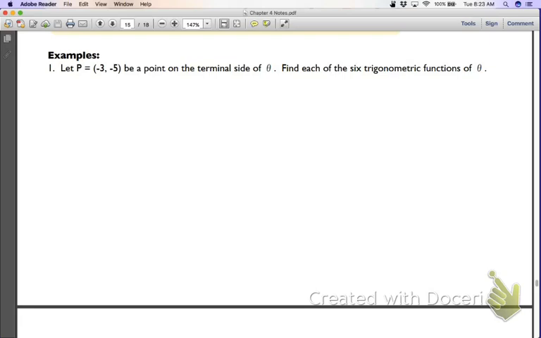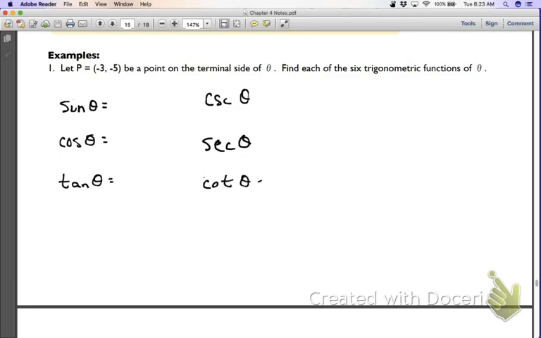So we have sine of theta, cosine of theta, tangent of theta, and then we'll have the other 3: cosecant, secant, and cotangent.